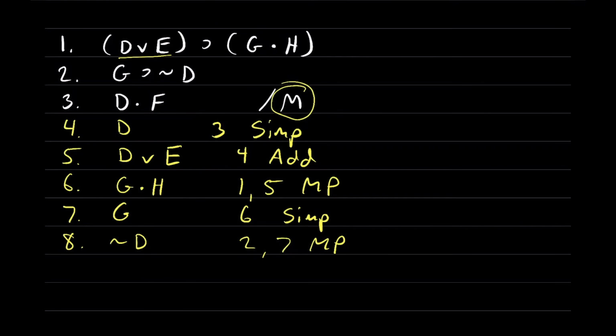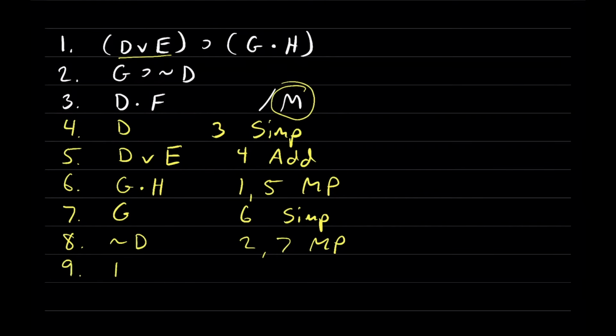The way we're going to mechanically force our way through this in the proof is a little strategic. I want you to make sure you're paying attention to what I'm doing here. If you need to, watch this section of the video again. So we have D on line 4. We know we need M in the proof, and we know D is false on line 8.